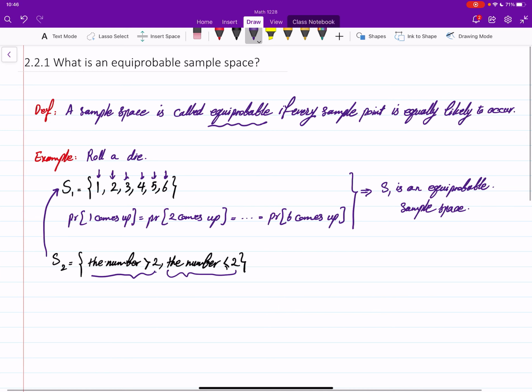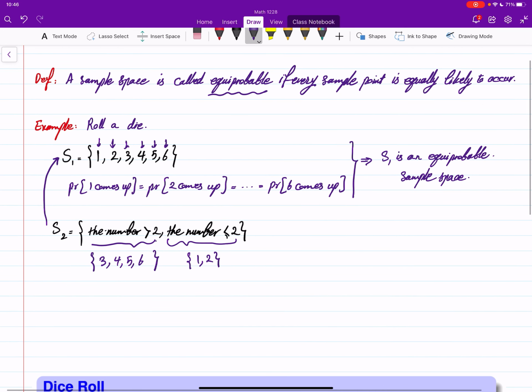Now I can use those and list the sample points of S2 as events of S1. Here it means that I get either 3, 4, 5, or 6. Here it means that I get either 1 or 2. And when you look at this, you don't need much mathematical background.